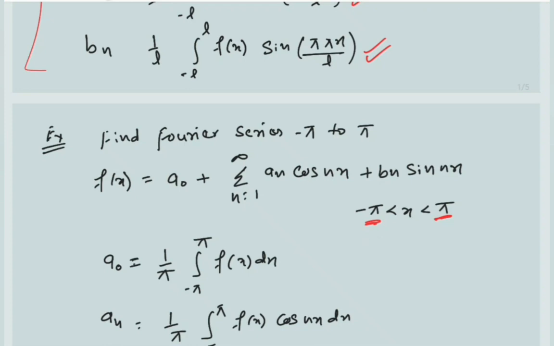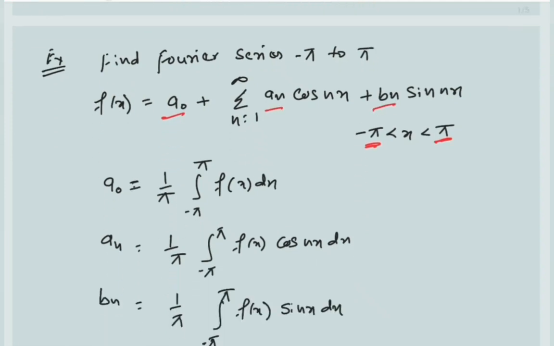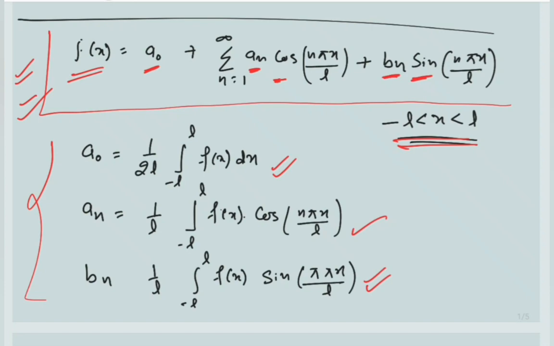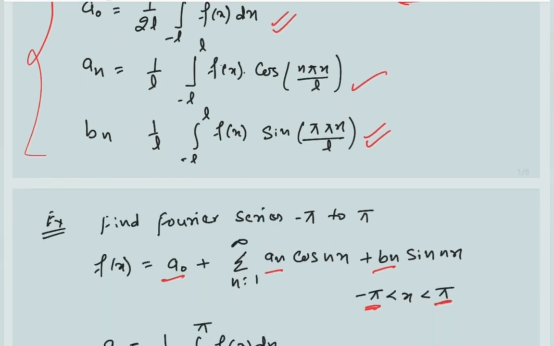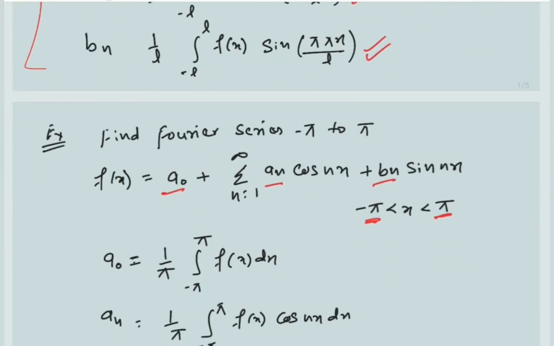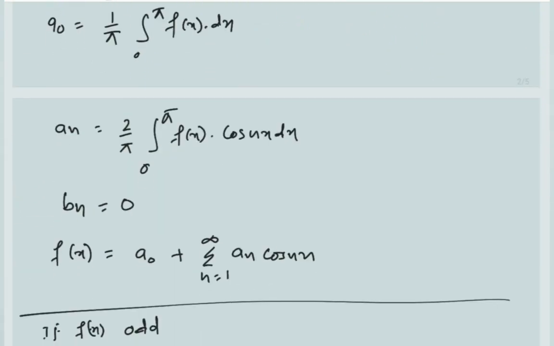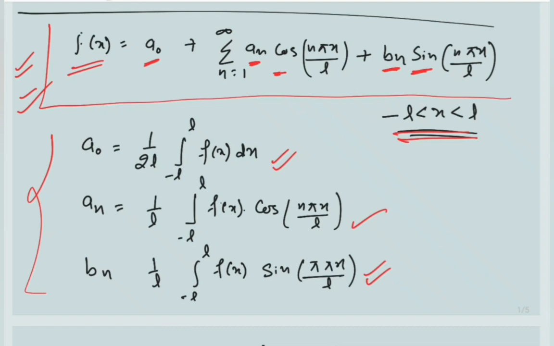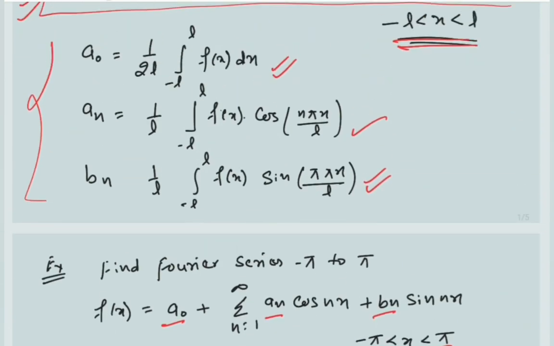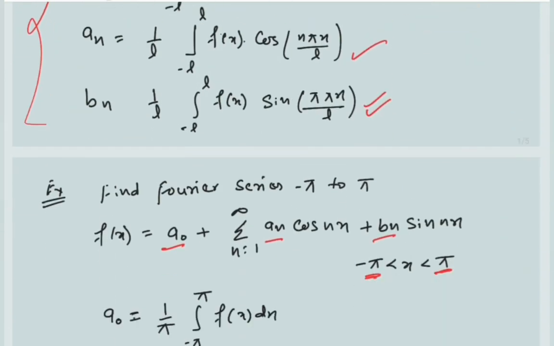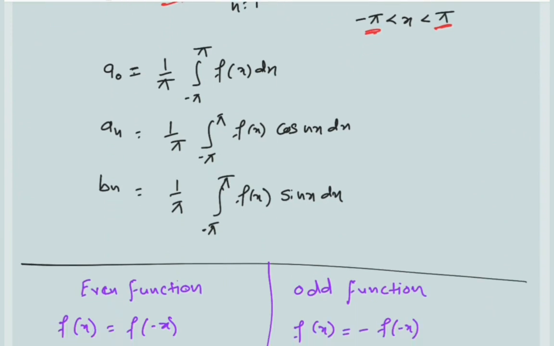Then what will be the value of these constants, that is a naught, a_n and b_n? So a naught is equal to 1 by 2L, so instead of L we have to put pi. A naught is equal to 1 by 2 pi integral from minus pi to pi of f(x) dx.